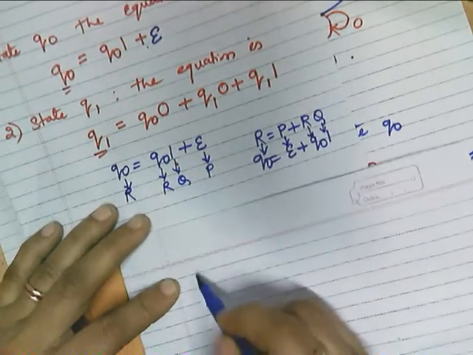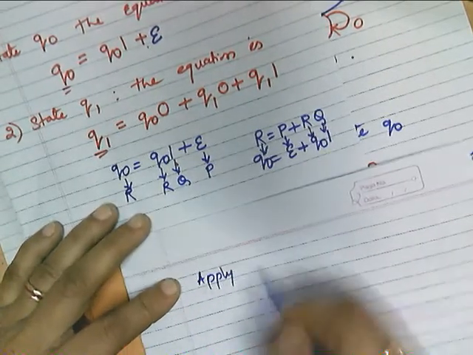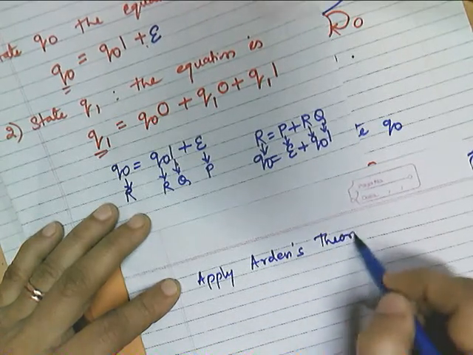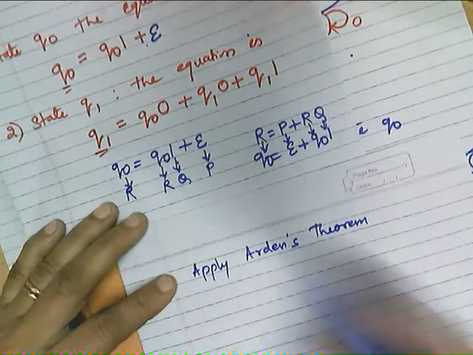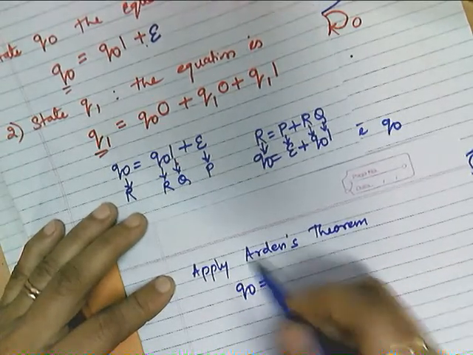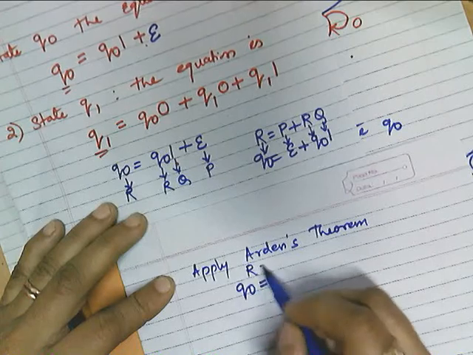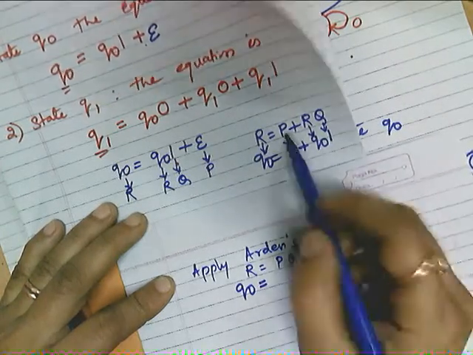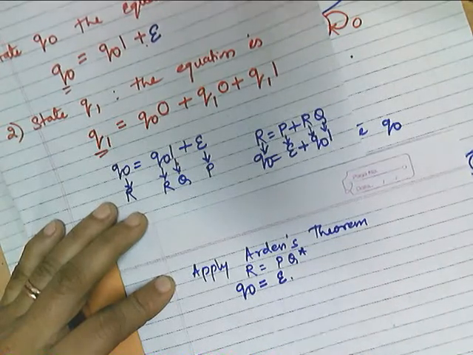So apply Arden's theorem. What will you get? You will get Q0 is equal to, it is nothing but R is equal to PQ star. So what is my P? My P is empty. Dot, what is my Q?